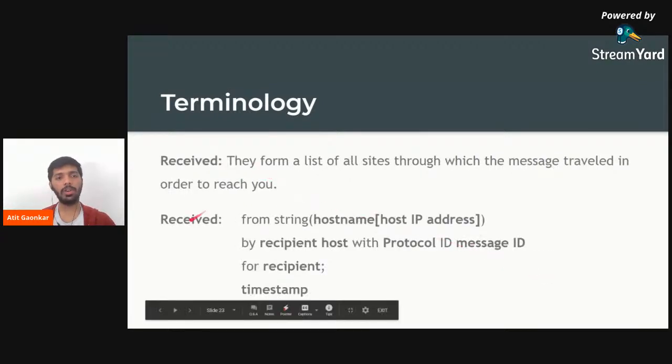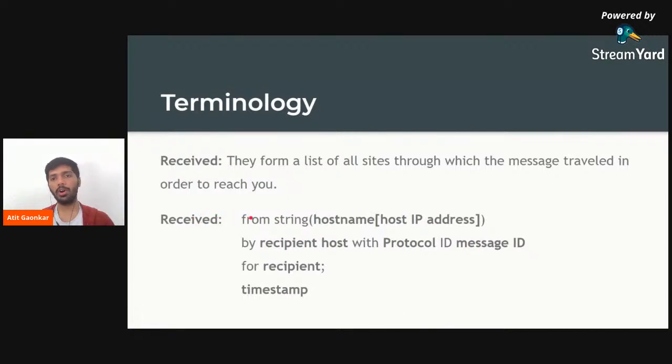Then there is something called Received. Received is basically your data. There are multiple Received sections because an email has to reach from one place to another, and in that process it goes through multiple stations.